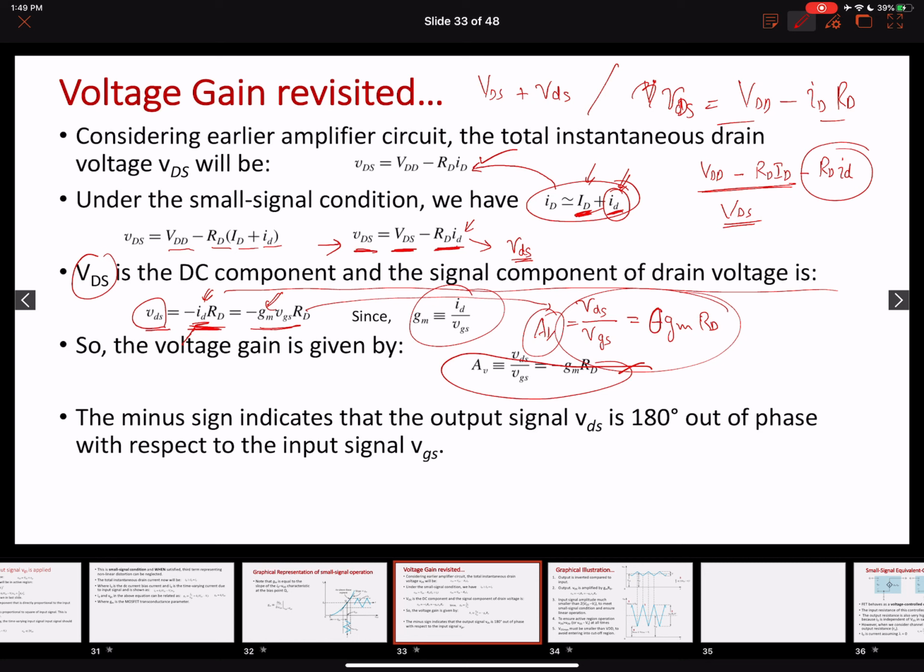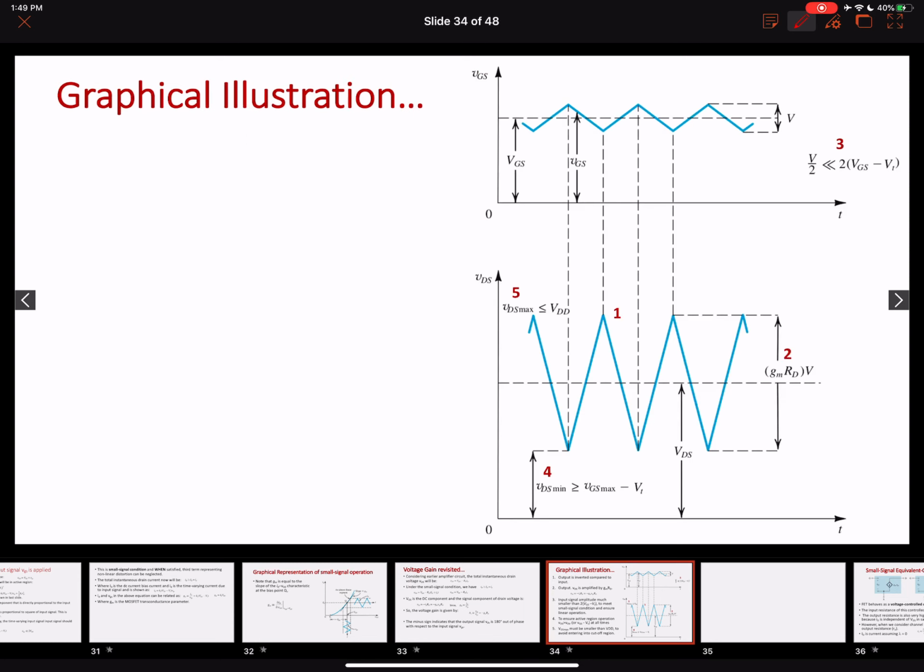Now let's revisit all of these concepts very quickly in a more graphical way. So let's look over here. Here is our input voltage, instantaneous. Here is our output voltage, the instantaneous drain to source voltage. This is the DC bias value VGS, right?